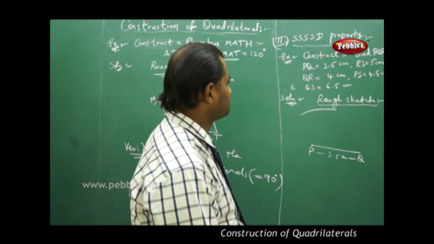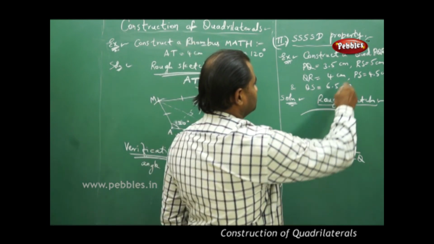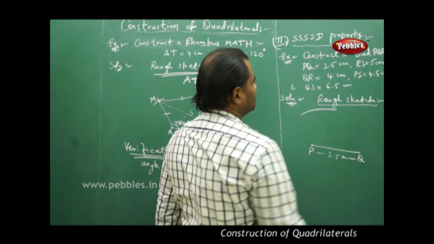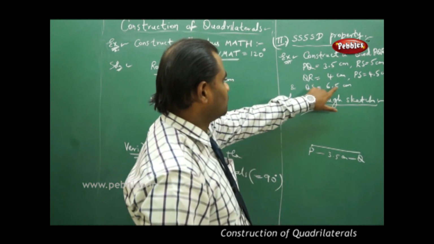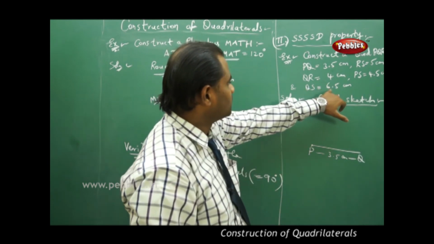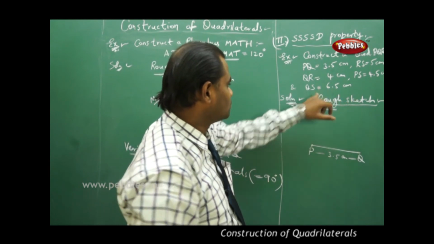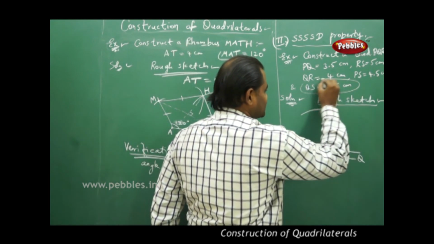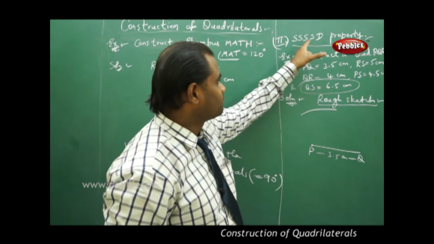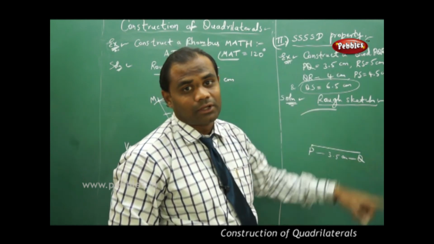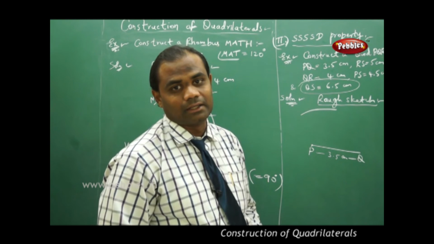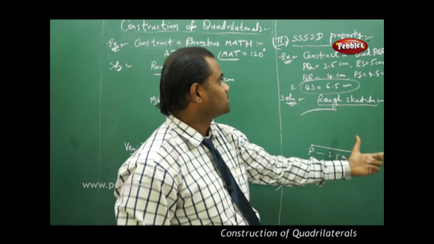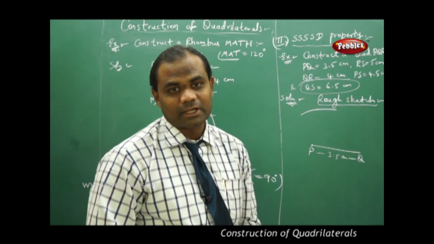Then RS and SP. Now QS is one particular side which is the diagonal. So this is identified as the diagonal because in the case of the SSSD property, you should be able to identify the diagonal among the 5 dimensions which are given as lengths.